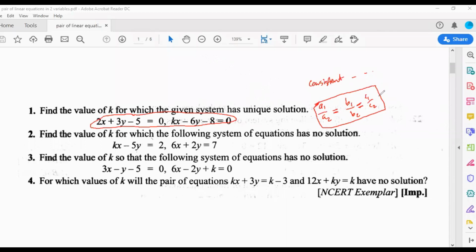So in this case, you write the equation is consistent with an infinite number of solutions. Here you don't write inconsistent. That means dependent. In such a case, you write the equations are consistent with an infinite number of solutions. So dependent, you can also write so. So we move to the next question.